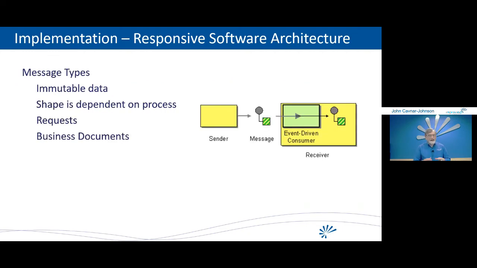Now, let's get really practical. Here's the most effective way I found to build responsive architecture. Now, I'm not saying this is the only way. You may have a different way of doing it. That's great. If your software architecture is responsive, that's what's important.